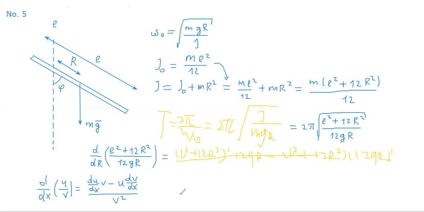Sorry, but the derivative of L to the power of 2 is equal to 0. L is constant.